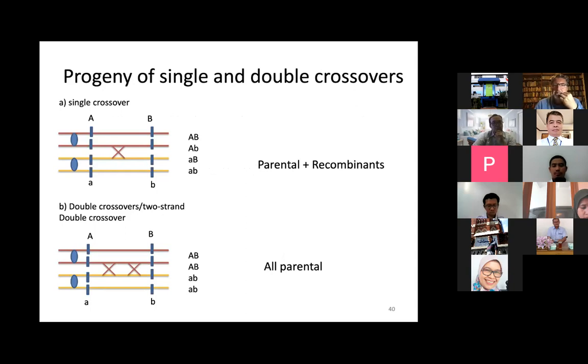If we look at the progeny of single and double crossovers, with one single crossover you detect parental and recombinants, like here: big A, big B, small a, small b are parental genotypes, and the recombinants are big A, small b, small a, big B. If you have double crossovers, then here you would see all parental. So you wouldn't detect them.